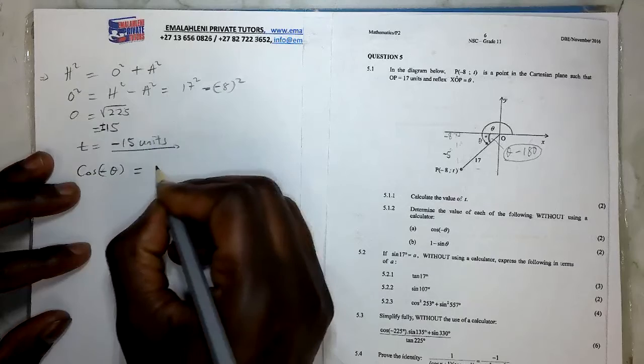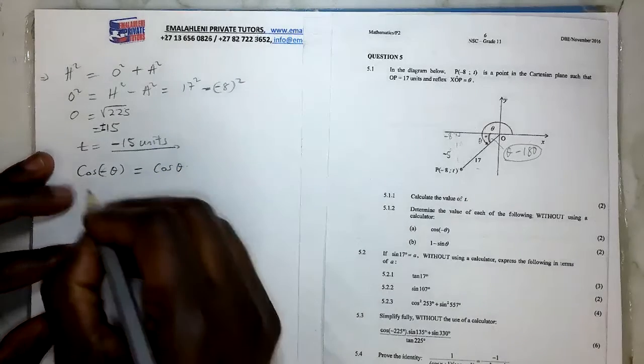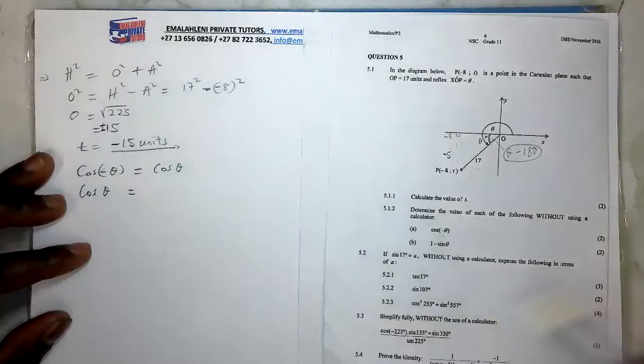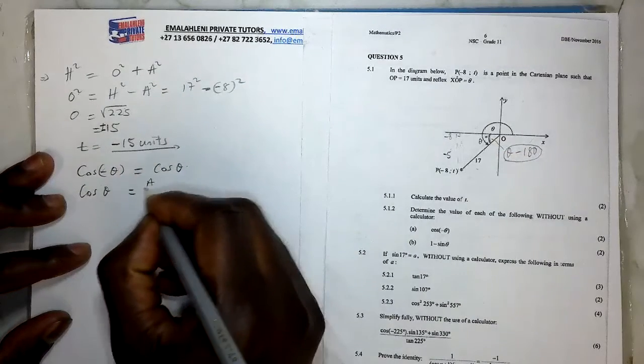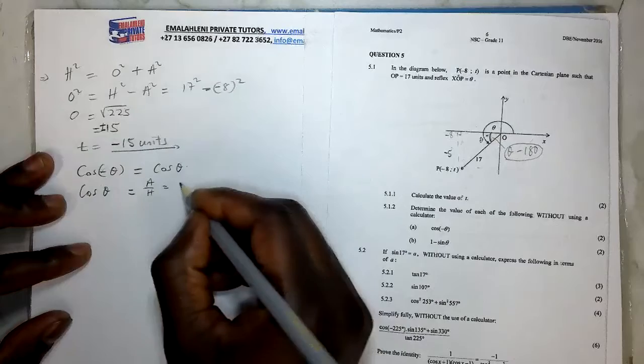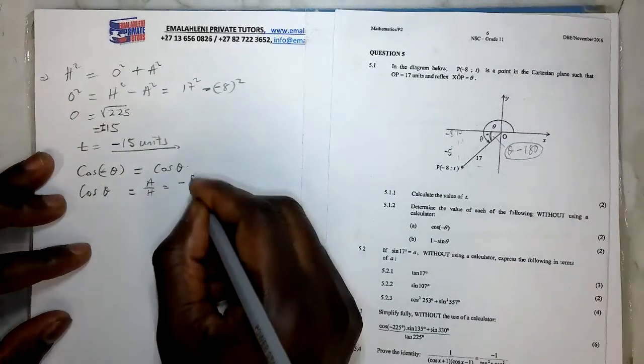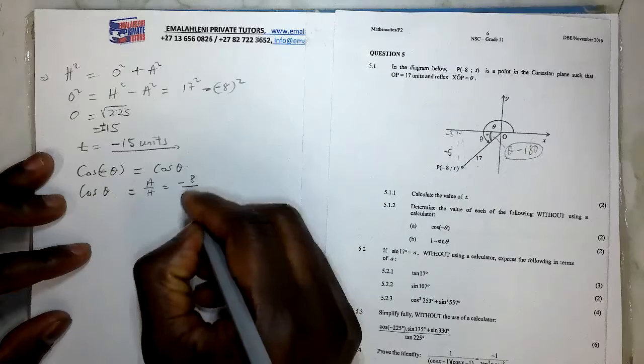Cos negative theta is equal to cos theta. And what is our cos theta? Cos theta is equal to adjacent over hypotenuse, which is going to be equal to negative 8 over hypotenuse, which is 17.